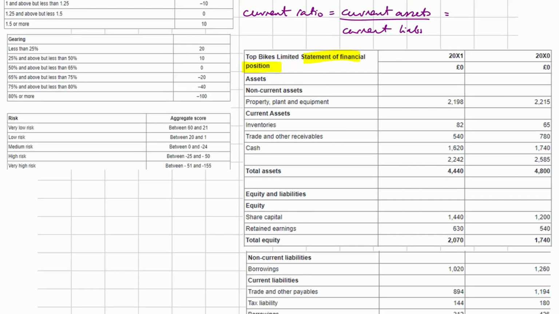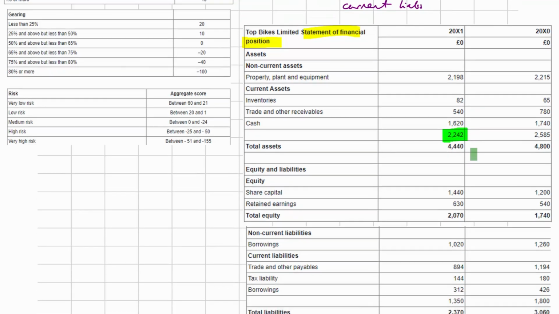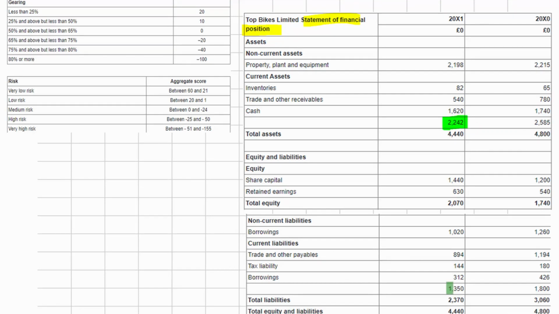Okay, next we have the current ratio. The current ratio is the current assets divided by the current liabilities. We're trying to identify whether we have enough assets that will hopefully become cash in the next year to be able to pay off our liabilities, which are due within the next year. In this case, we have our current assets of 2,242, and then our current liabilities, let's just scroll down a little bit, have a total of 1,350.